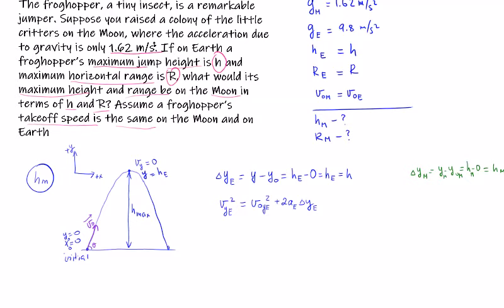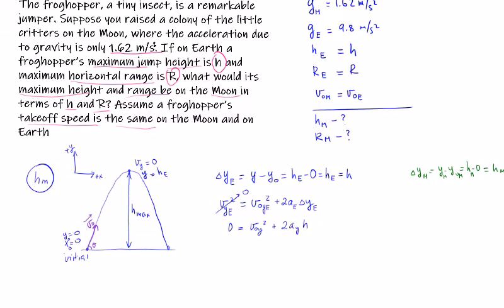So we have the final velocity at the maximum height is 0. So I can say 0 equals V naught y squared, and I'm going to skip the subscript Earth for V naught because they're equal to each other, plus 2ay h.